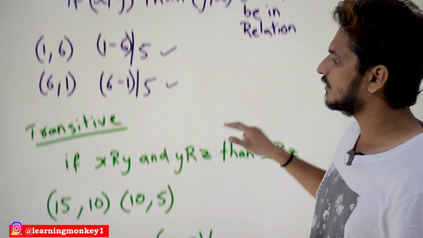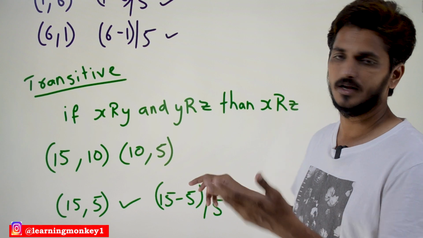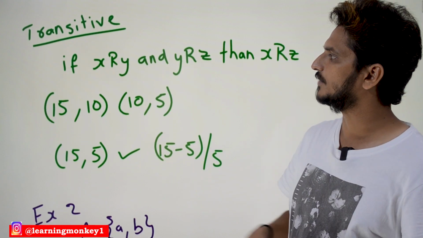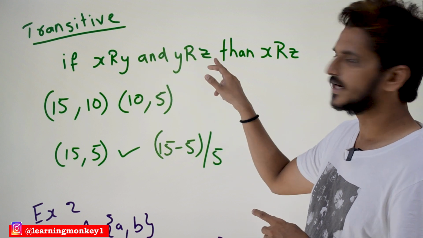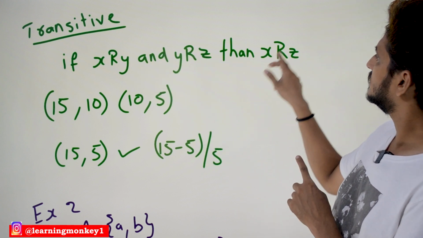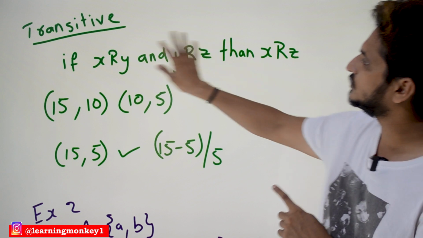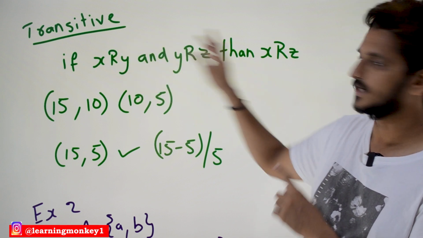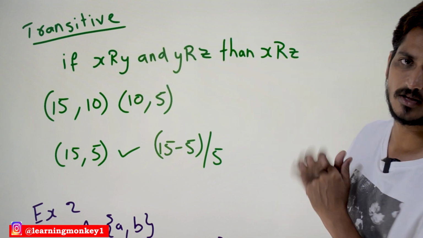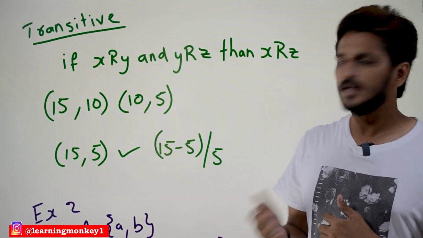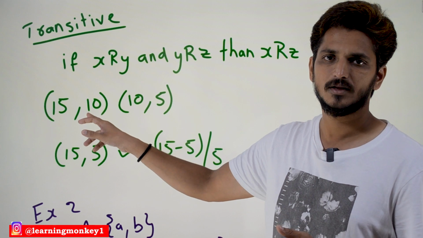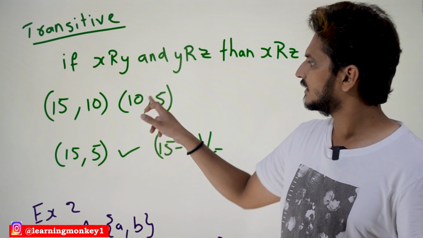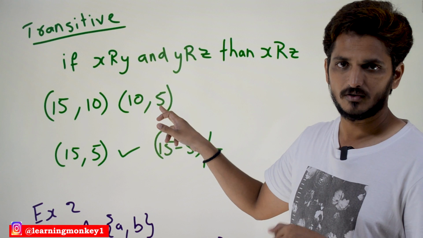Last one, we have to check for the transitive relation. What does transitive mean? If x relates y and y relates z, then x relates z. If these two conditions are satisfied, then definitely x relates z. Take an example, (15, 10): 15 minus 10 is 5, divisible by 5. (10, 5): 10 minus 5 is 5, divisible by 5.